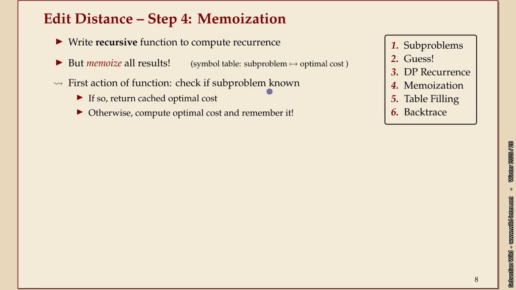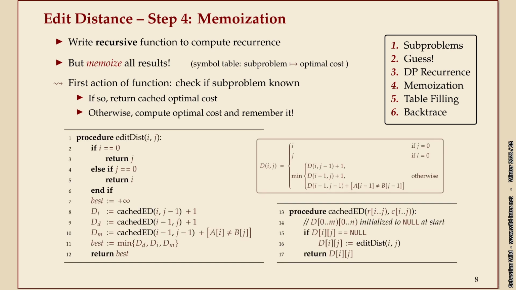So the convenient way to do this is to have 2 mutually recursive functions, one that computes the actual value and another one that wraps it and says, oh, have I computed this subproblem? If yes, return the cached result. Otherwise, call the first function to compute the result. And for our concrete problem, this is what it looks like.